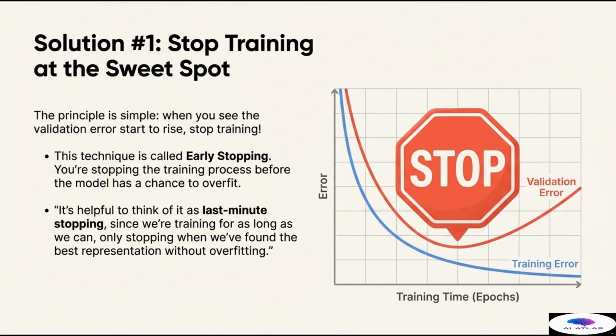By implementing early stopping, we are essentially saying, the model has found the best possible representation of the data that maximizes its performance on unseen examples, so we will not allow it to learn any further complexity. It's helpful to think of it as last-minute stopping. We train for as long as possible, right up until the moment overfitting begins, ensuring we extract the maximum possible generalized knowledge without succumbing to memorization.